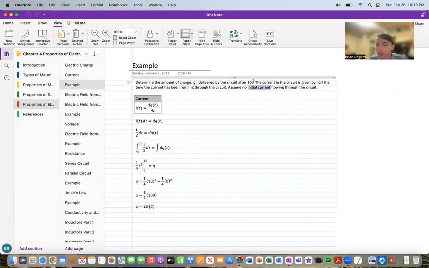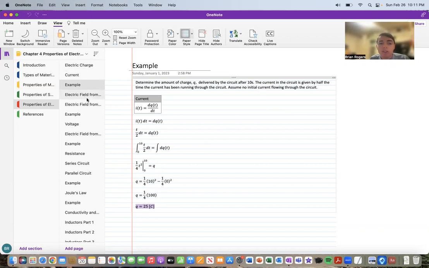So we're starting at time 0 and going up to 10 seconds. When we take the integral and get it in terms of charge, we find out that approximately 25 coulombs ran through the circuit. Basically, we had 25 coulombs of charge.